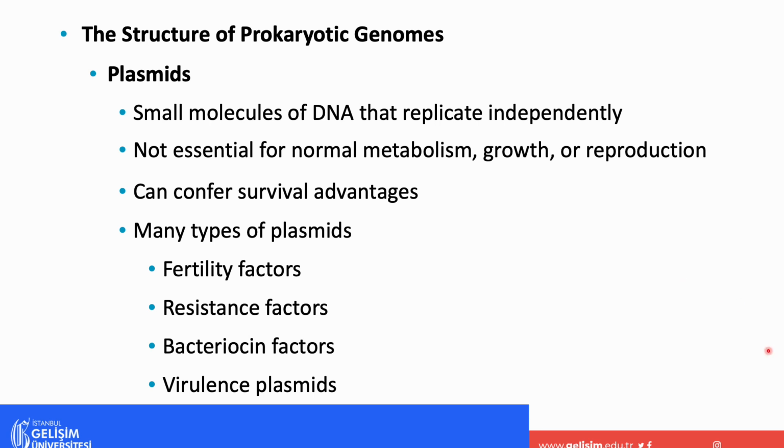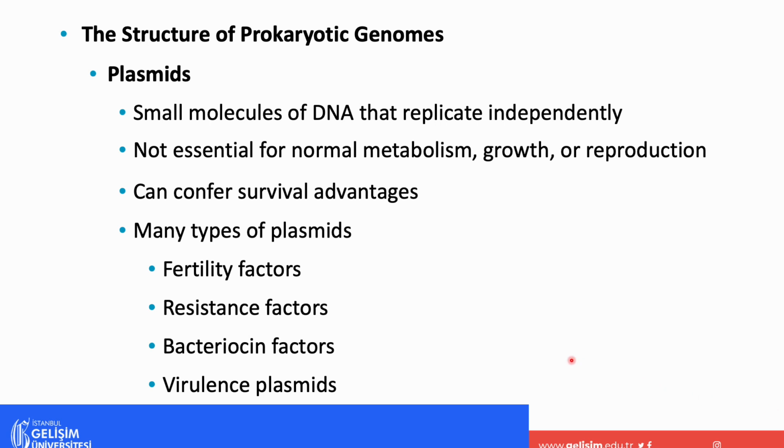Some plasmids are fertility factors, which carry genes for the transfer of plasmids from one bacterium to another. And this happens through conjugation. Resistance factors, or R plasmids, carry genes that give resistance to antibiotics or other antimicrobial agents.